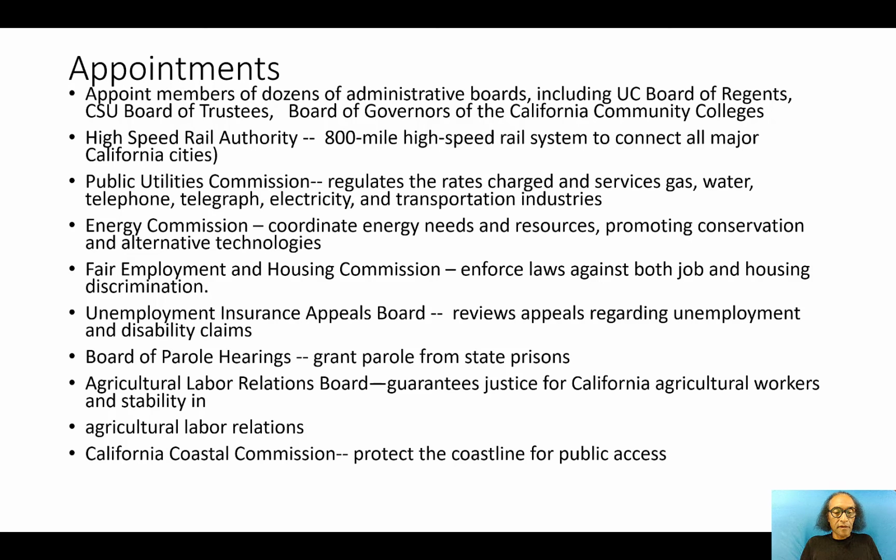And the Agricultural Labor Relations Board guarantees justice for California agricultural workers and stability in labor relations, and appointment to that board is also made by the governor. And lastly, the California Coastal Commission, which has the very important duty of protecting the coastline for public access, is also appointed by the governor.